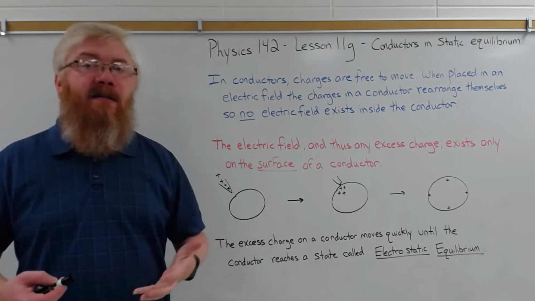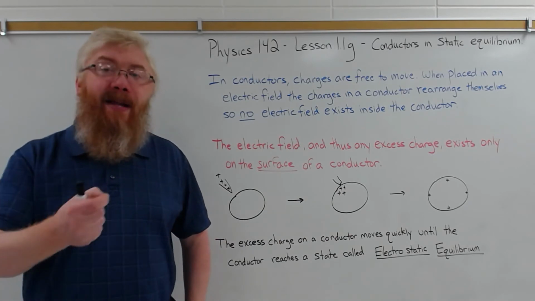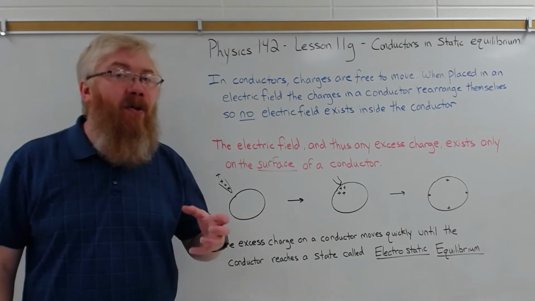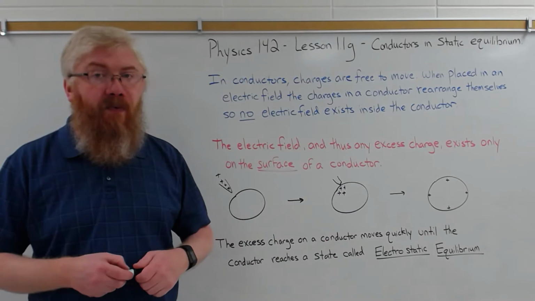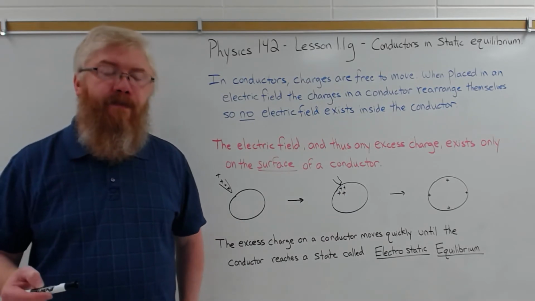Now, in an insulator, the charged particles are tightly bound to the material, and those charged particles don't move around. Even though the electric field is trying to push them about, they do not move, unless the electric field is incredibly powerful, and we'll get to that later.